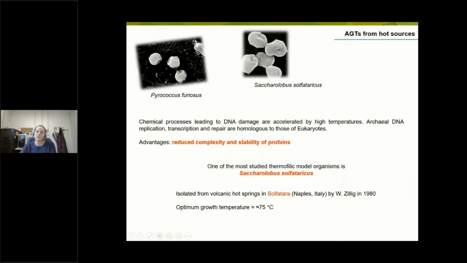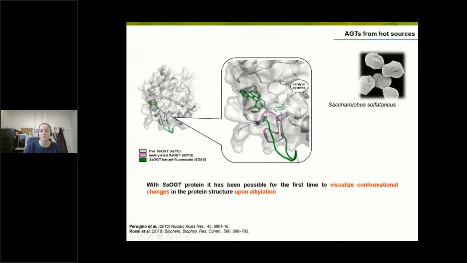In particular, our group studies enzymes derived from one of the most studied thermophilic model organisms, the Saccharolobus sulfataricus, which was first identified here in Solfatara in Naples. And our group was the first to identify and characterize the first AGT from Saccharolobus sulfataricus, but was also the first to visualize conformational changes illustrated in the figure, which occur at the level of the active site loop.